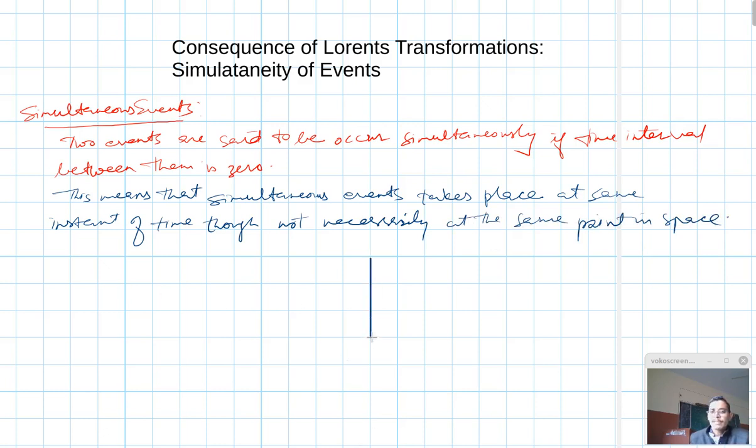So consider frames of reference. This is one frame of reference, and this is another frame of reference. This is the x-axis, this is the y-axis, and this is the z-axis, and this is the x-prime axis, y-prime axis and z-prime axis. This is the moving frame of reference, and it is moving along this direction with velocity v. Say one event is occurring here and another event is occurring here.